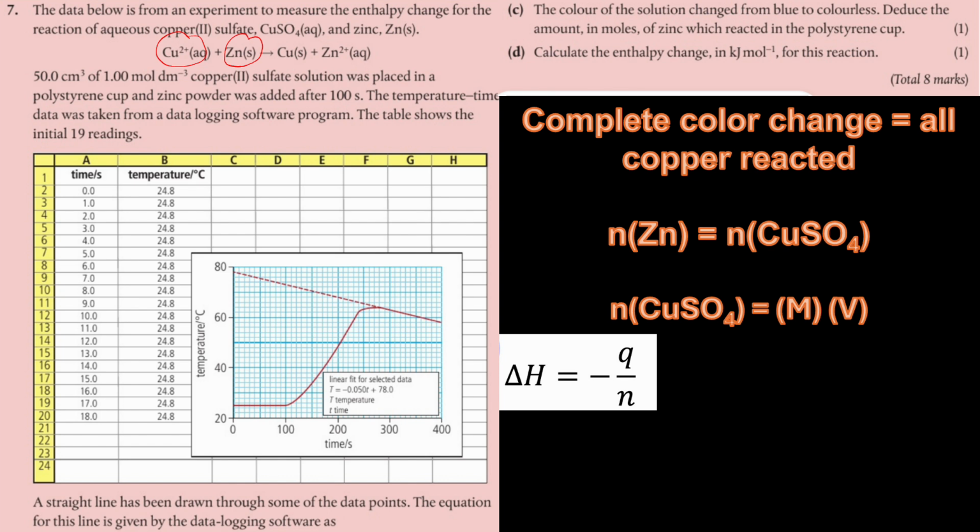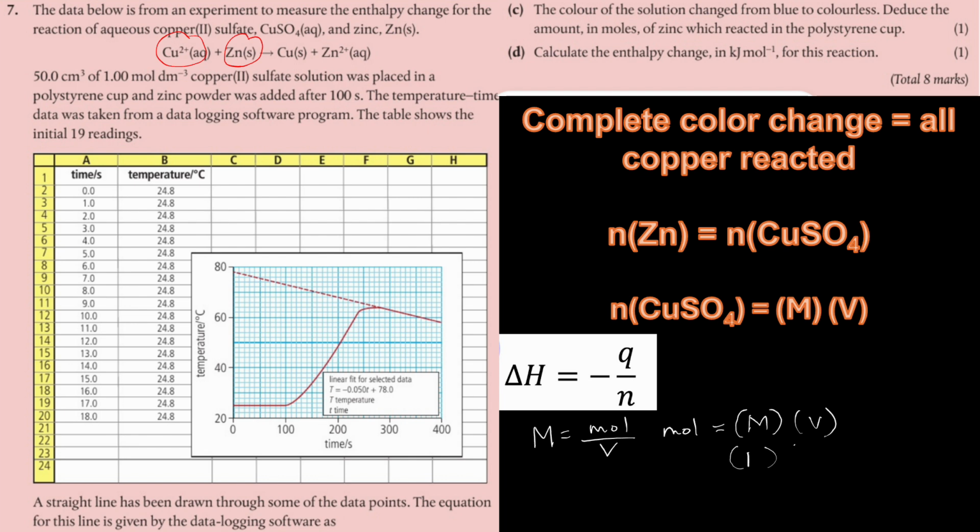So we're going to use our concentration equals moles over volume, which means to solve for moles, we would have our concentration times our volume. And our concentration is 1 mole per dm³.